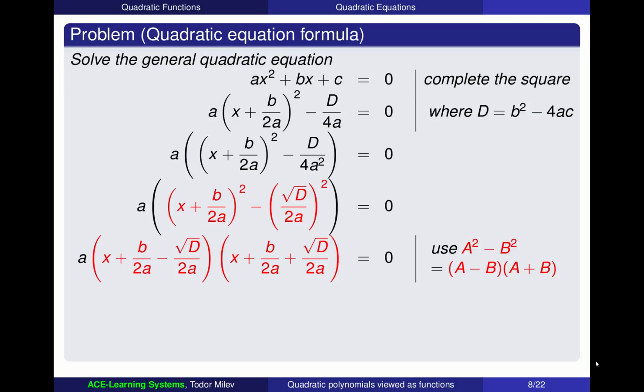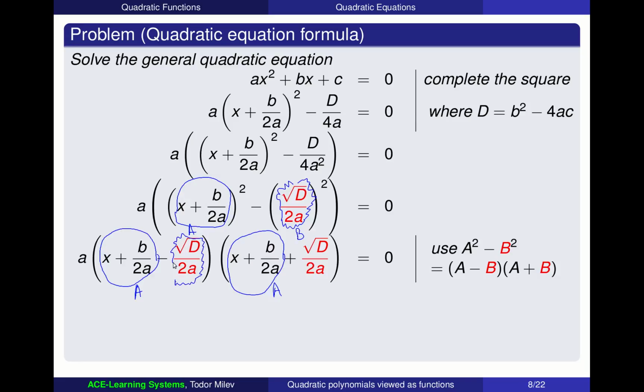And how does it factor? When we factor a squared minus b squared, we get a minus b times a plus b. That is my a, and that expression here plays the role of b.